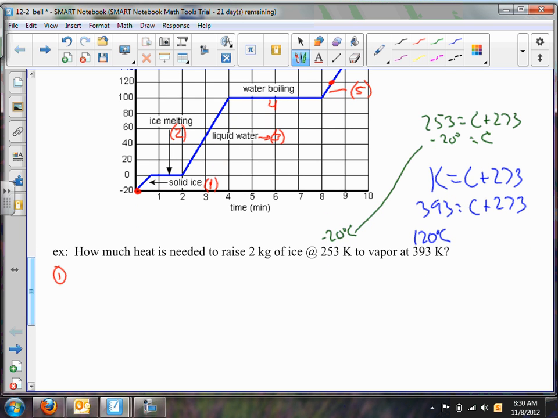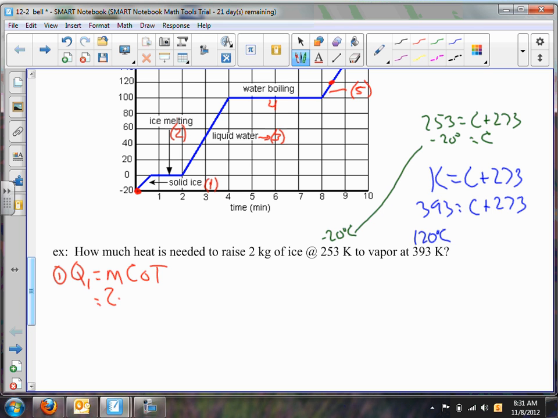In part 1, the temperature is actually changing, which means I'm going to use the Q equals mc delta T equation. So to find the amount of heat for part 1, I need the mass, which was 2 kilograms, times the specific heat. Well, the specific heat of ice is different than the specific heat of water. We know water is 4180.